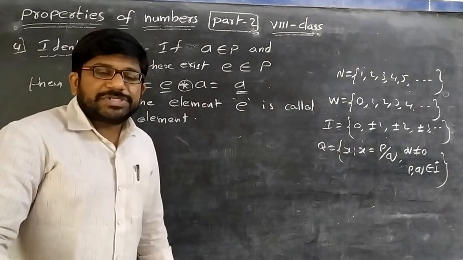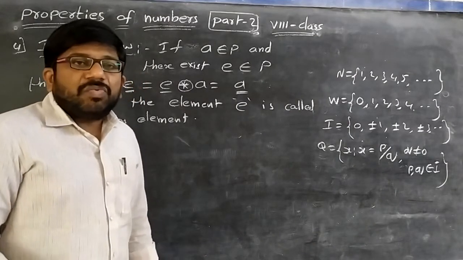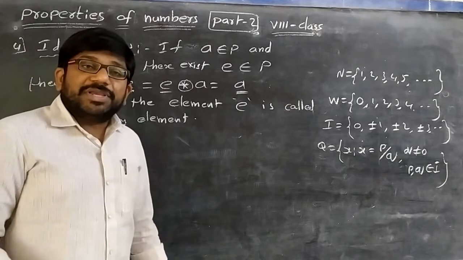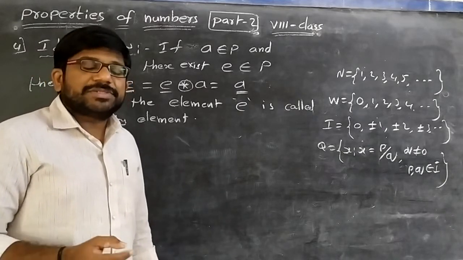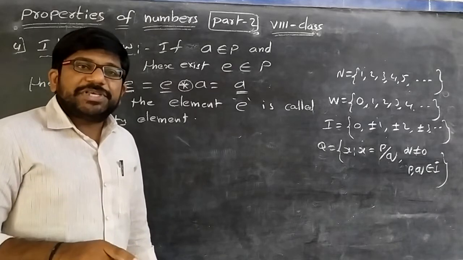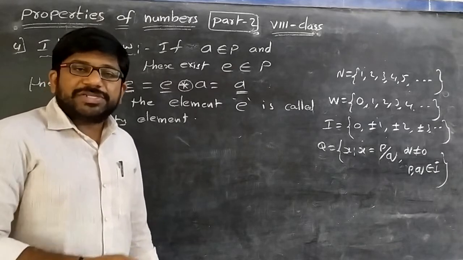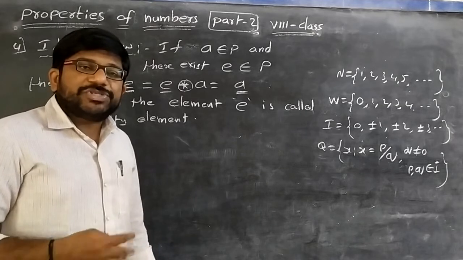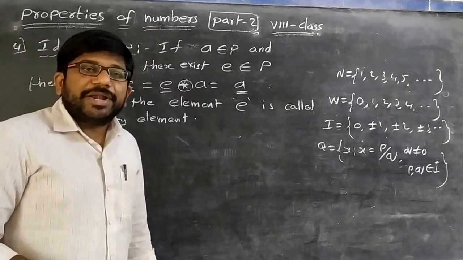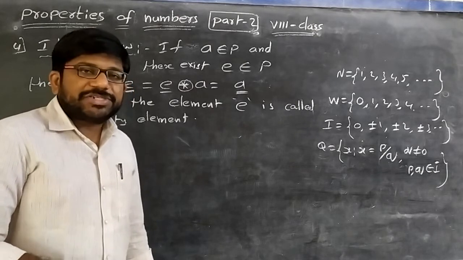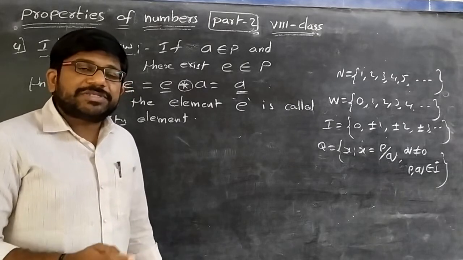Yes. Think yourself. In addition, what is the identity element? In addition, 0 is the identity element because in addition 2 plus 0 is equal to 2 only, right? So 0 plus 2 is equal to 2 only. So 0 is the additive identity element, right? In multiplication, what is the identity element?